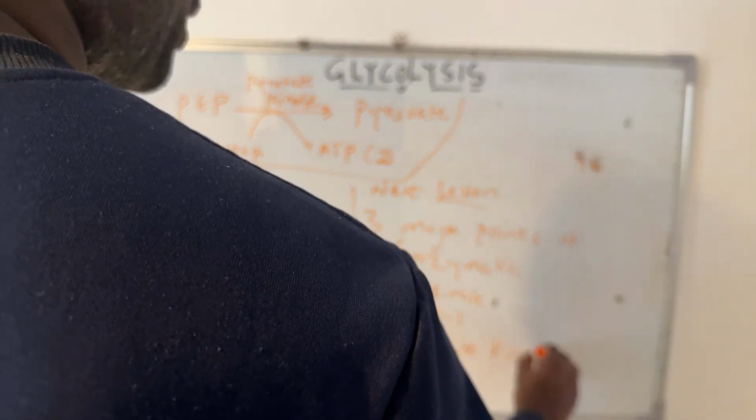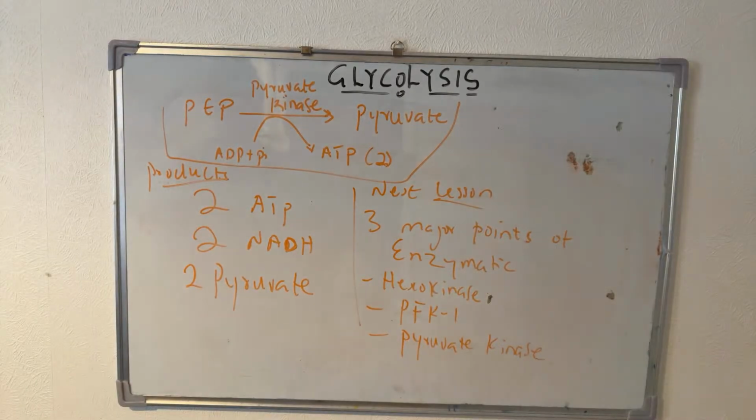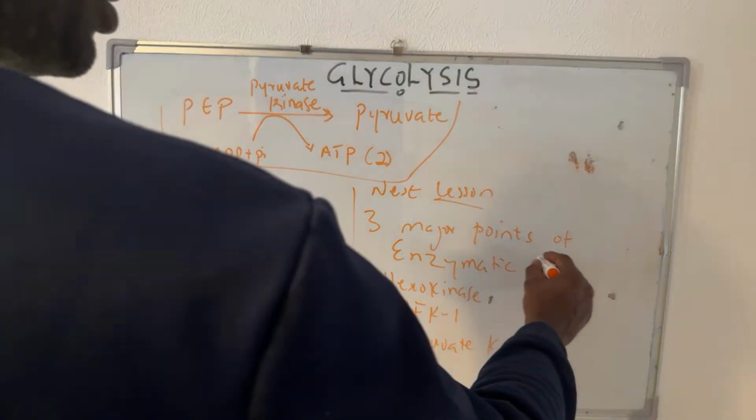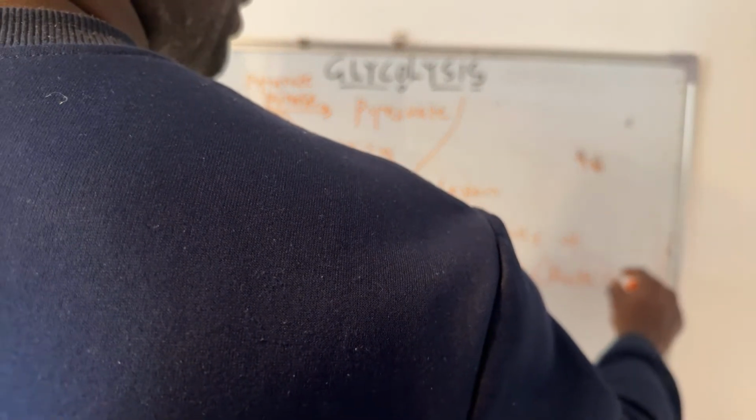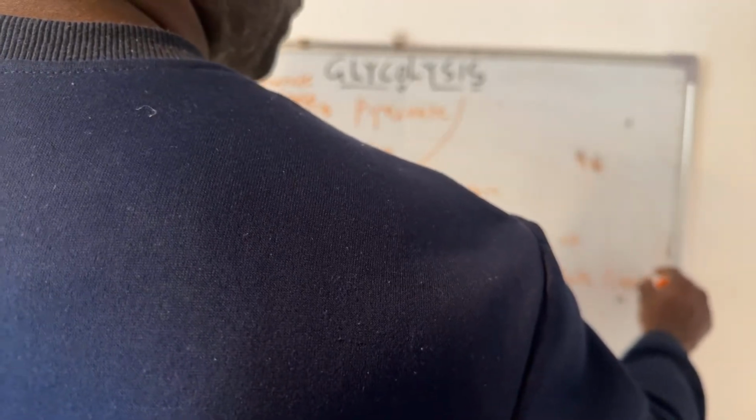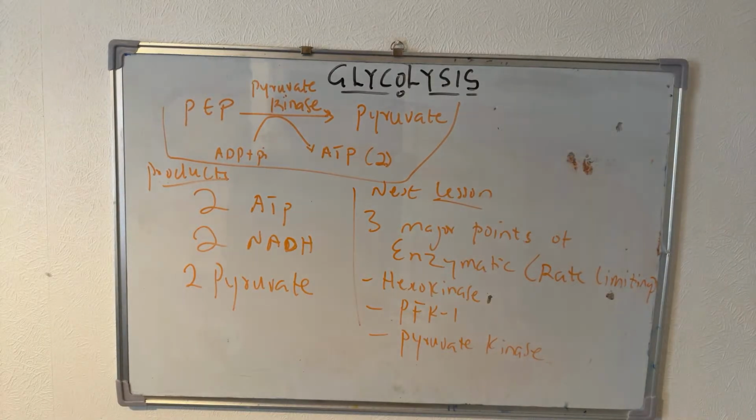These are called rate limiting steps, or points of glycolysis. 3 major points of enzymatic control, rate limiting stages. So that is what we've learned today, and that's what we're going to learn next lesson.